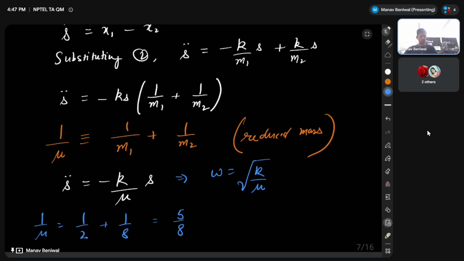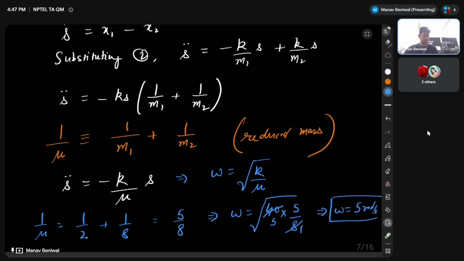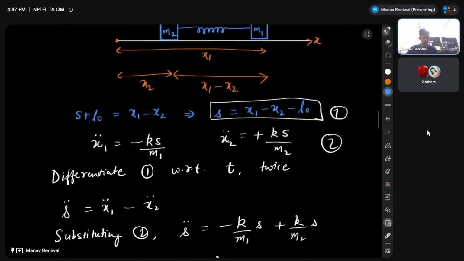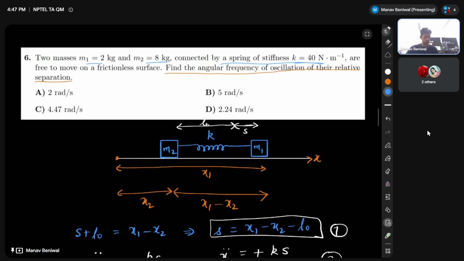So our 1 over mu becomes 5 over 8. This implies omega is nothing but, and k is given to us as 40, so 40 into 5 over 8, and this gives us 25. So omega is simply 5 radians per second. This is the value of omega that we are getting, which is option B.